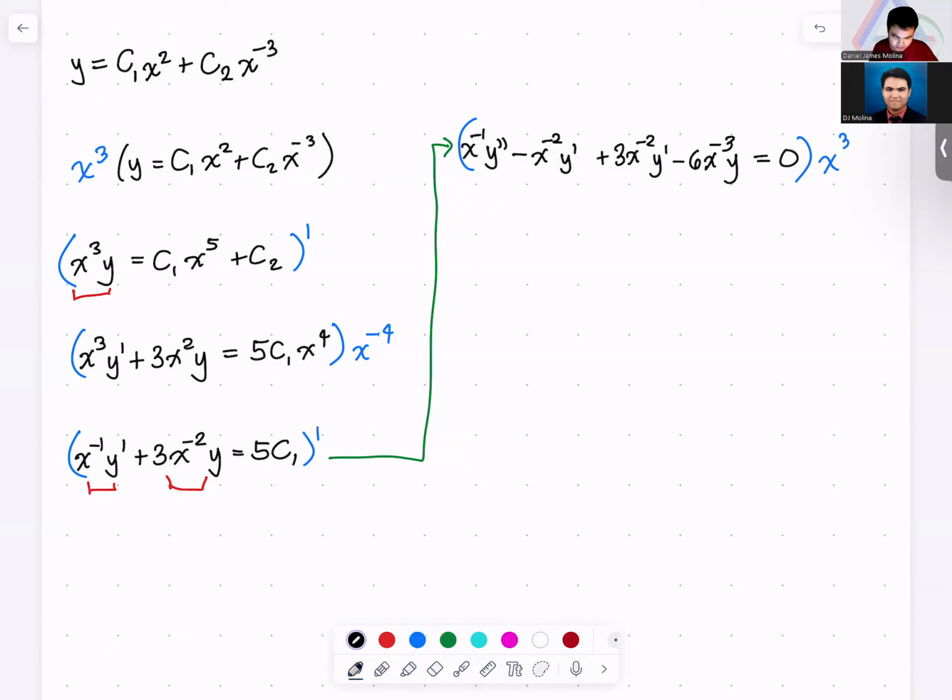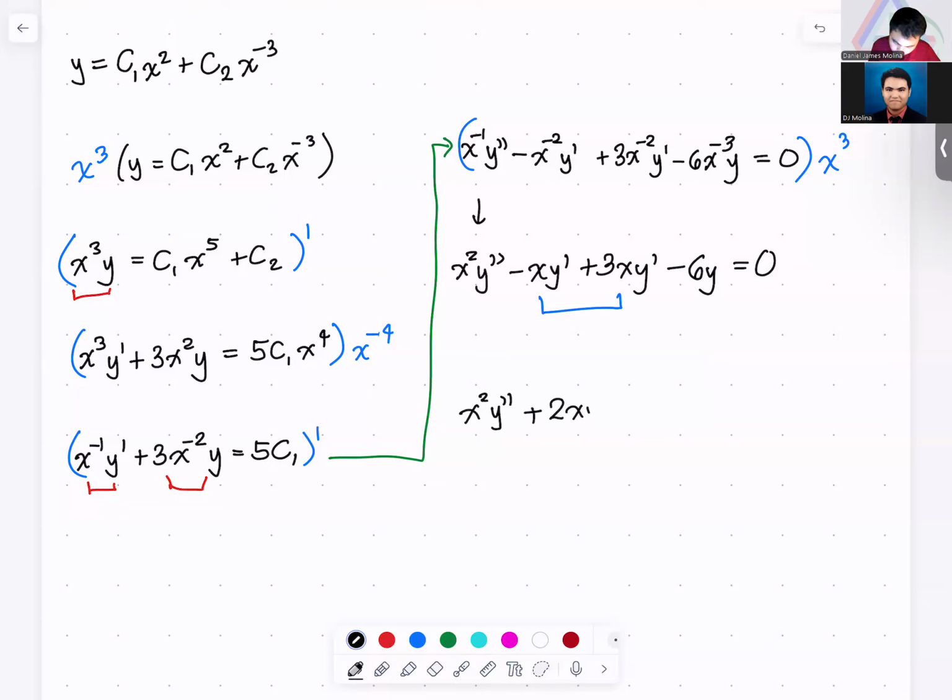So the first term becomes x squared y double prime. Then we have xy prime plus 3xy prime minus 6y equal to 0. And of course, by adding like terms, the final answer would be x squared y double prime plus 2xy prime minus 6y equal to 0.